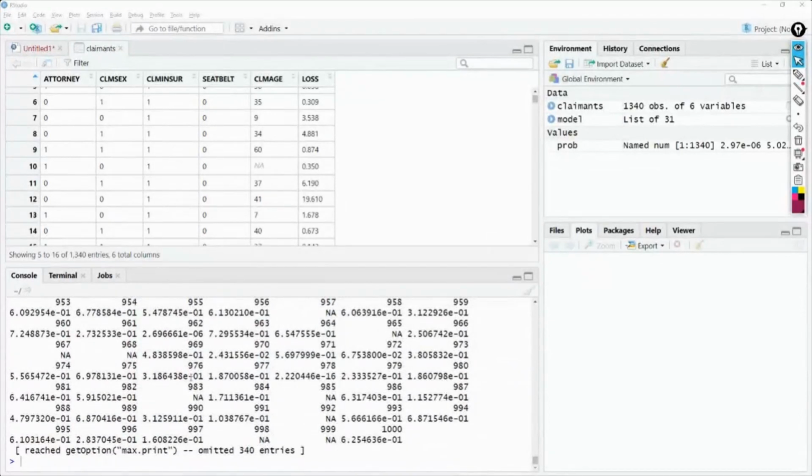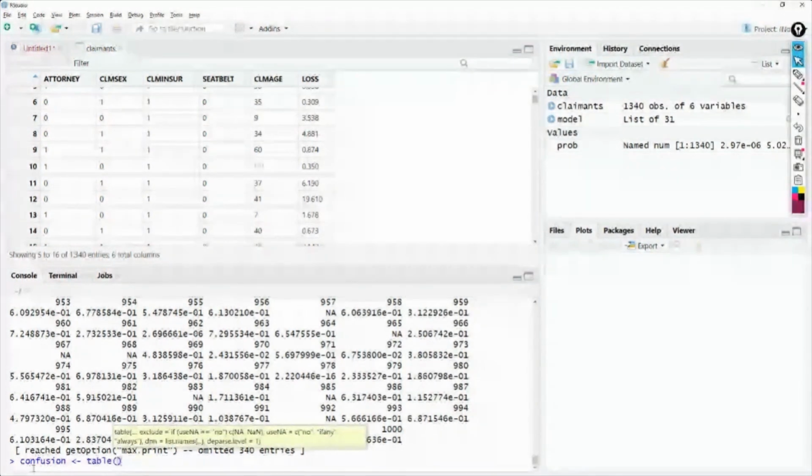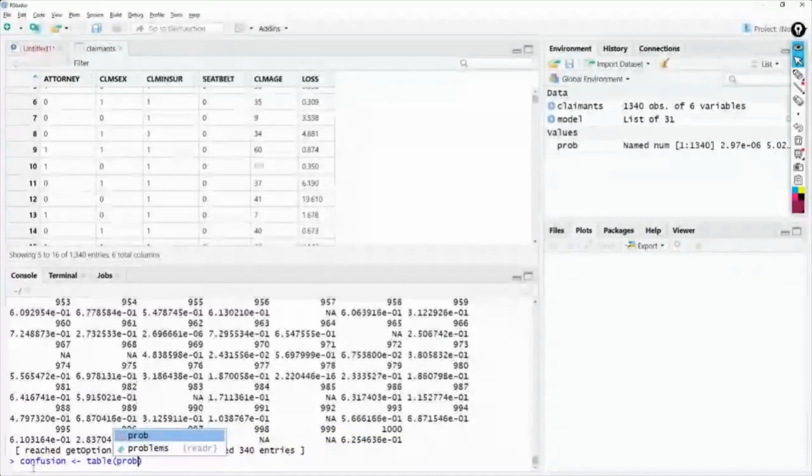Now we need to find out how many times we have such matches and how many times we have mismatches. Right? For that, we need to create a confusion matrix. How do you write confusion matrix? You just say confusion. And then you say, I want a table.